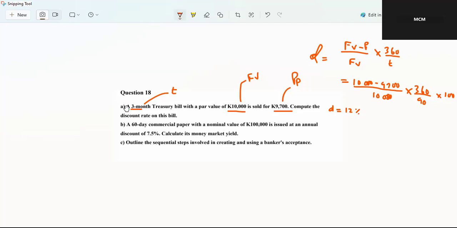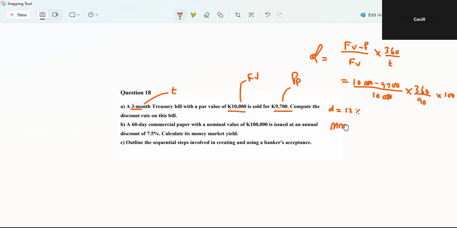Okay, so how do we find the money market yield for a commercial paper with a nominal value of 100,000 at a discount rate of 7.5%? How do you find the money market yield?